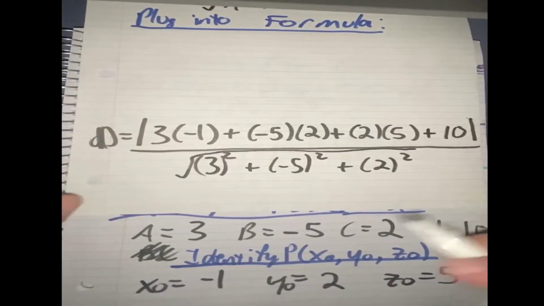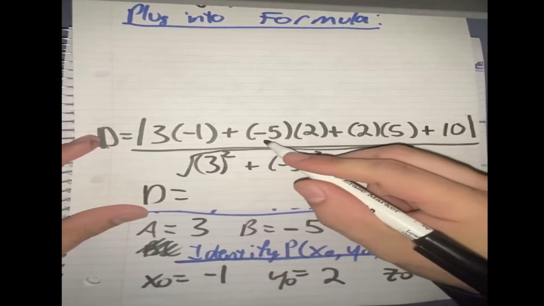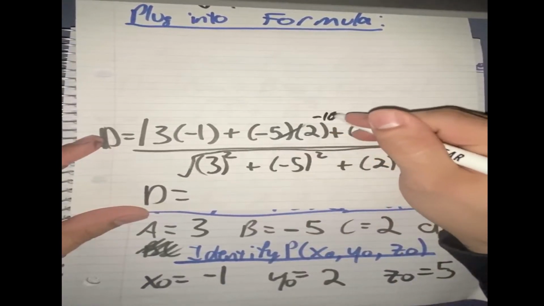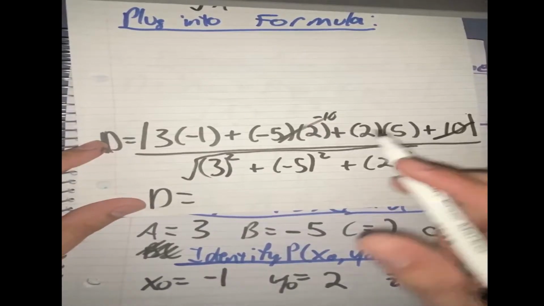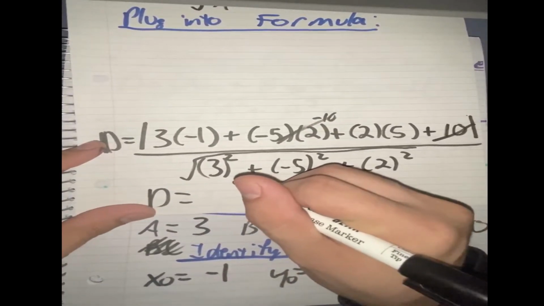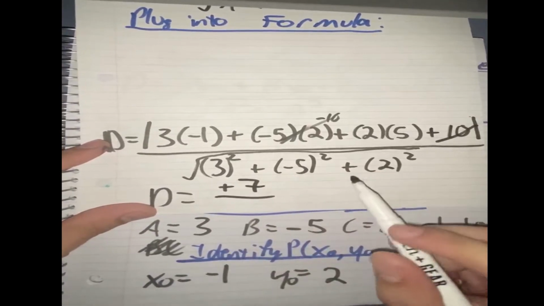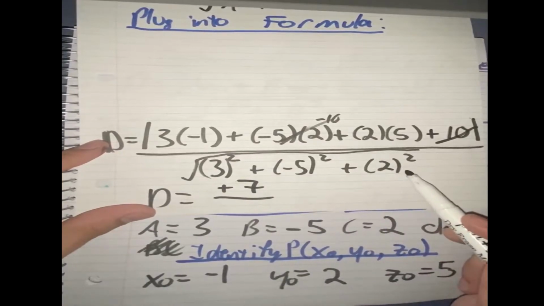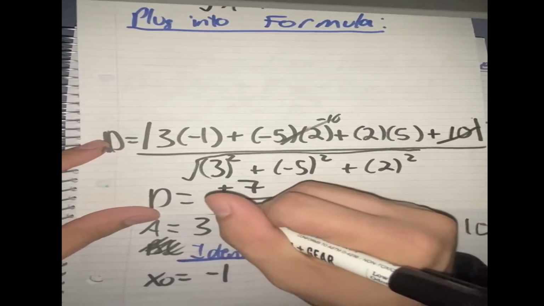And when we punch this in our calculator, our answer comes out to be, let's see, minus 3 minus 10 plus 10. These cancel each other out. Plus 10 minus 3 is my 7, divided by 9 plus 25 plus 4, which is the square root of 38.